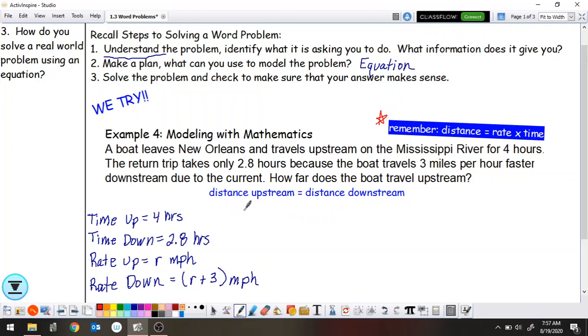So if I take the rate upstream, which is r, and multiply it times the time upstream, which is 4, I can set it equal to the rate downstream, which is r plus 3, times the time downstream, which is 2.8.